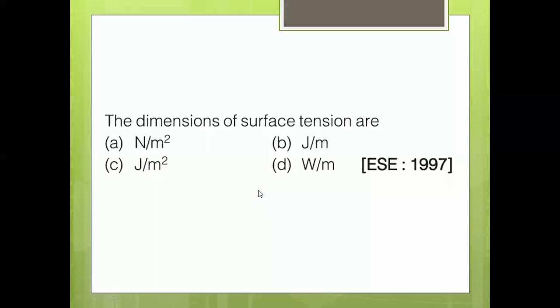In the previous session, I think we have solved this question: dimensions of surface tension are. What was the correct answer for this question?